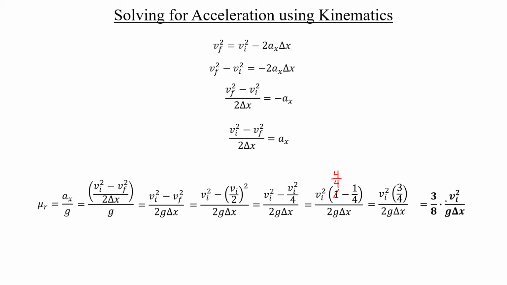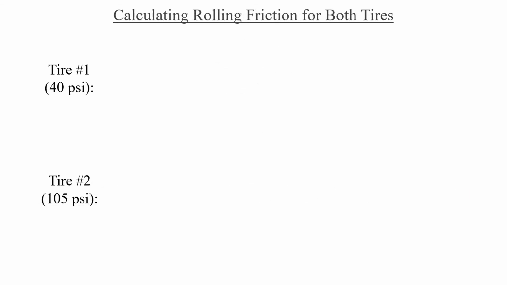And then a bunch of variables in terms of things that we do know, right? We were given this. We know what G is, always, and we were given delta X for both tires. So now we can just plug in all of our numbers and we're done. So let's calculate the rolling friction for both tires.